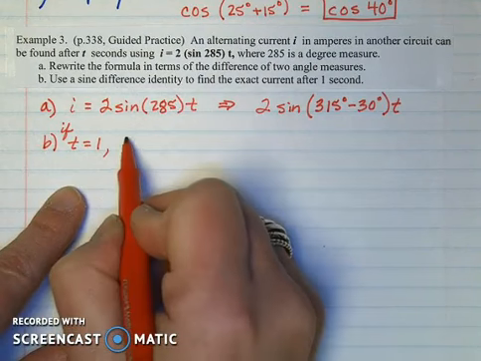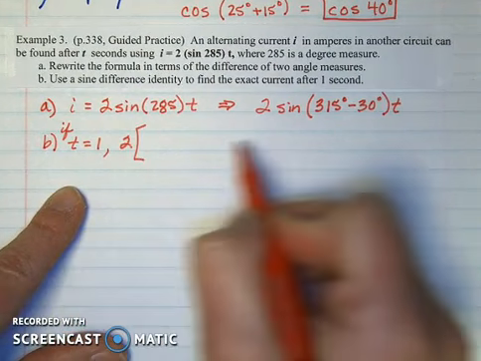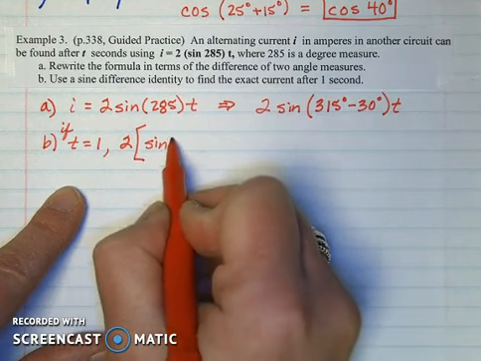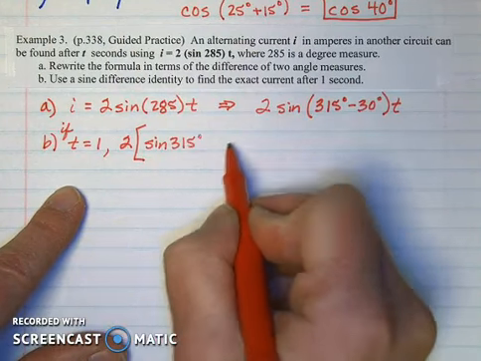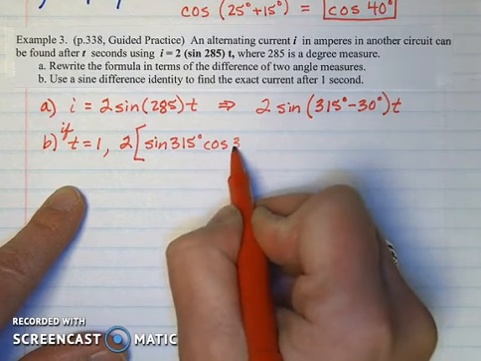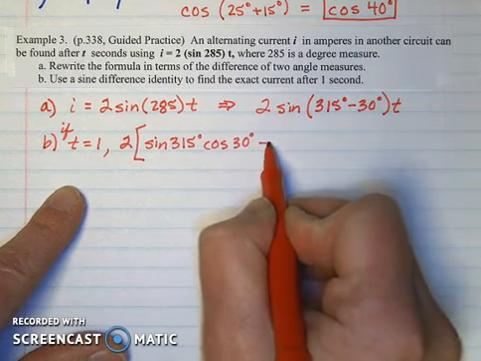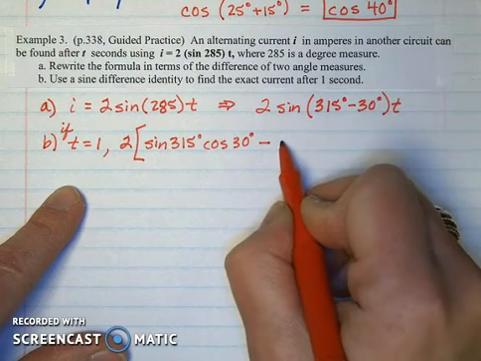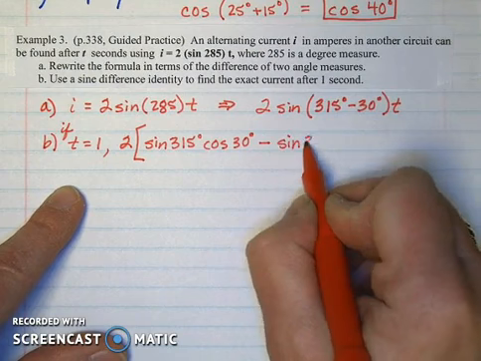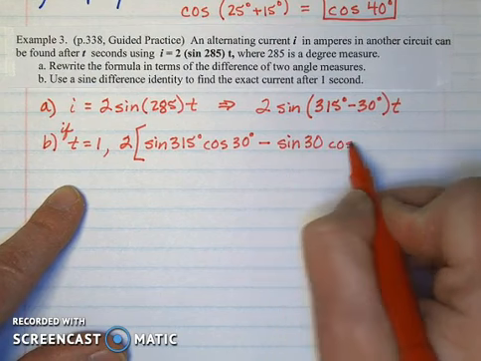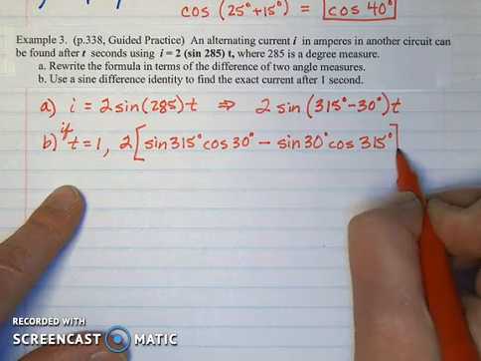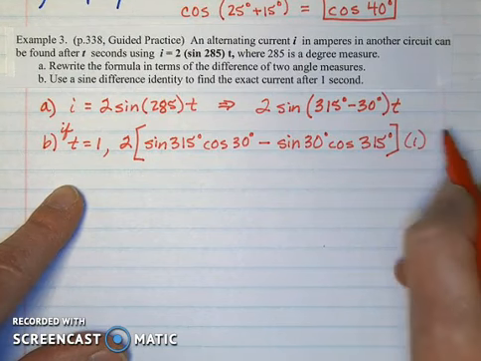I have 2 times, and then go back to your difference formula for the sine. That would be the sine of 315 cosine of 30, minus, because it's the same sign, and then I would do the sine of 30 and the cosine of 315, times the 1, because we're letting t be 1.